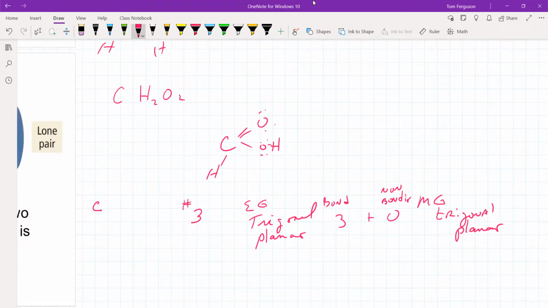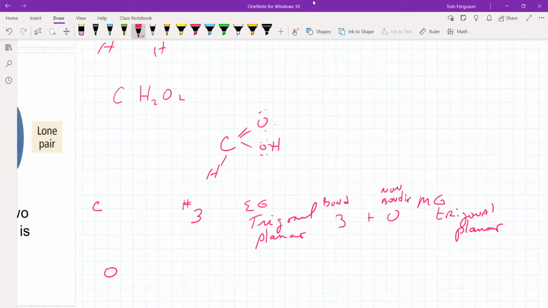Okay, let's do the oxygen. When we do the oxygen, we have to cover everything else up. So this oxygen, not that one, this one here. So we're going to cover everything up. It's like that. So how many electron groups does that oxygen have? 4. Okay, we have 2 electron pairs and 2 bonds.